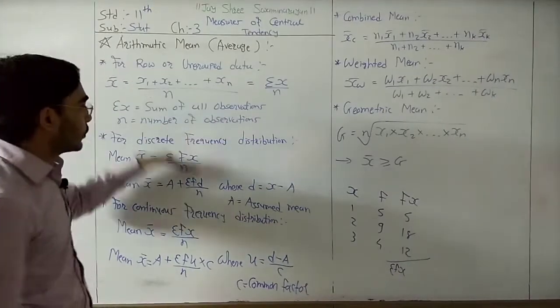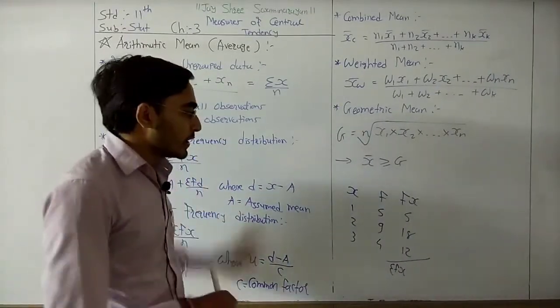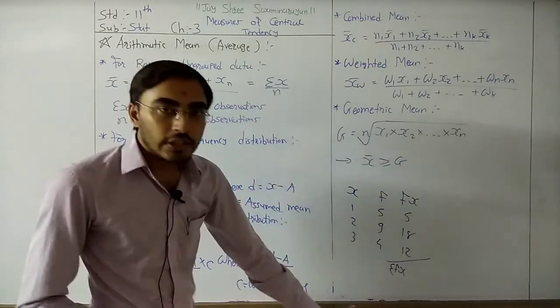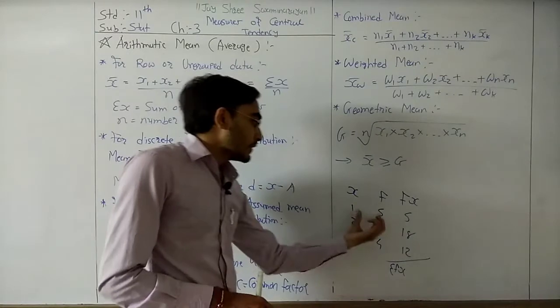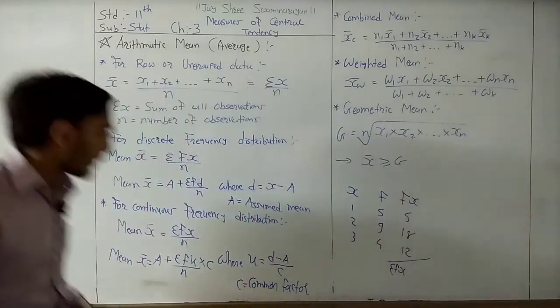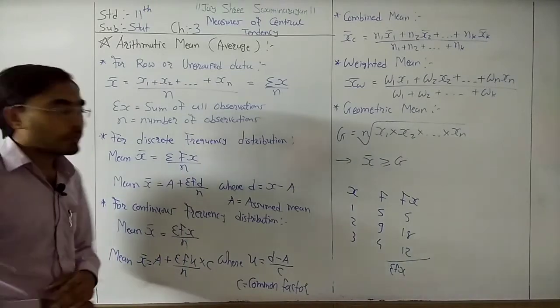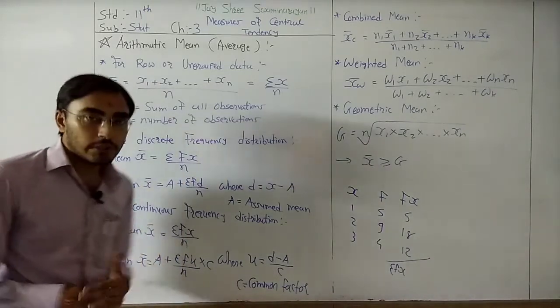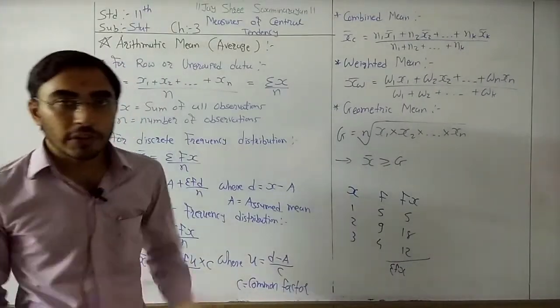Alternately, both these formulas are equal, only the form is changed. If some observations are repeating, then we do not add every time, but instead we just multiply.